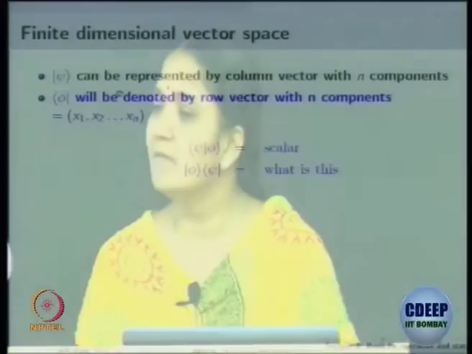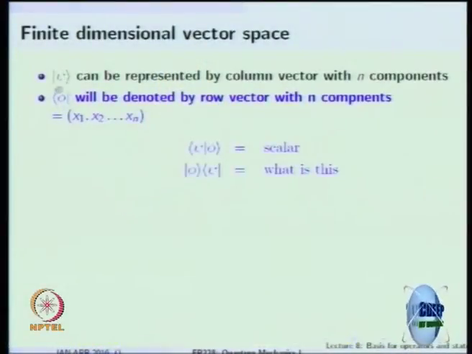If you represent the states by a column vector and the dual vectors by a row vector, the inner product is a scalar. This other angular bracket we will call an outer product.